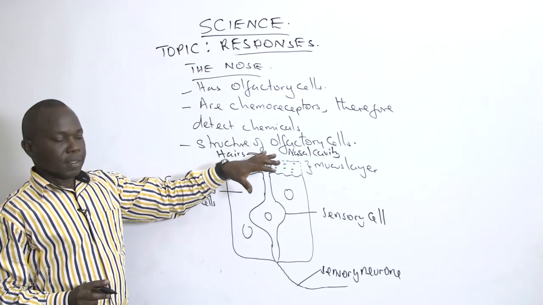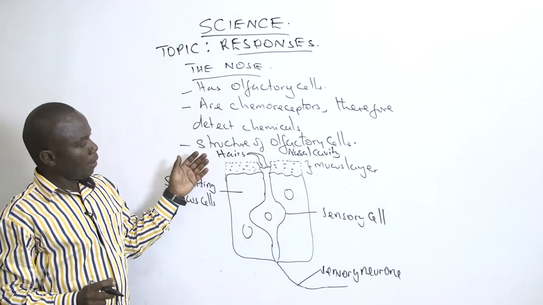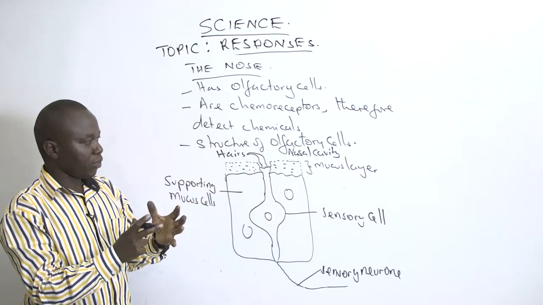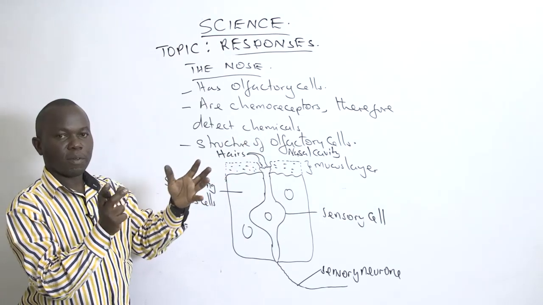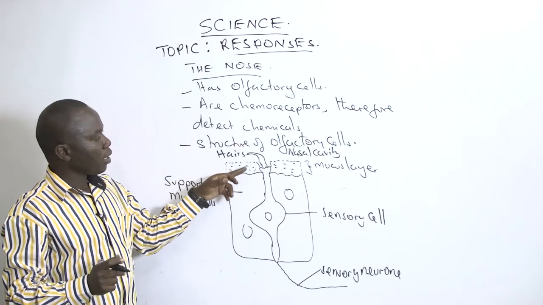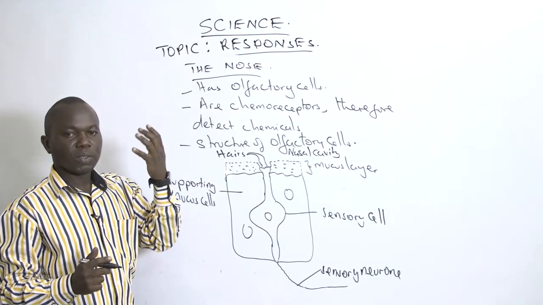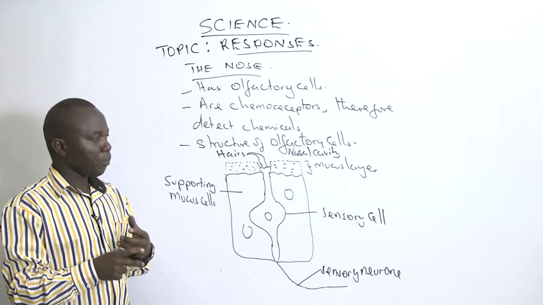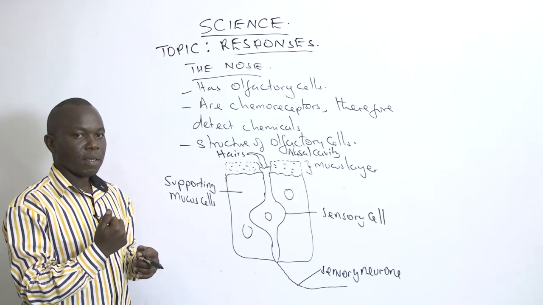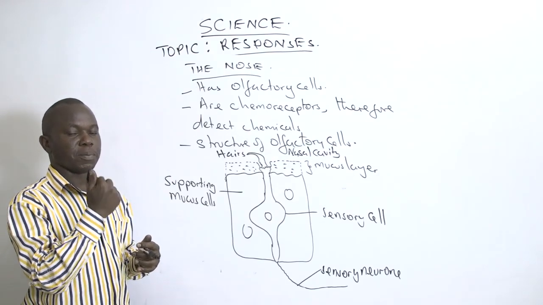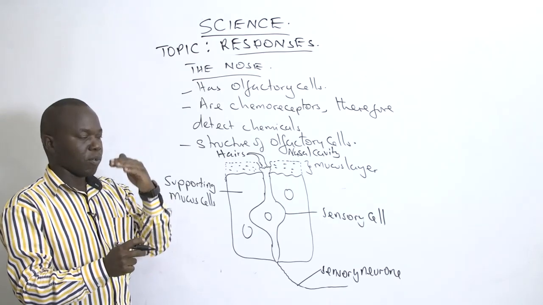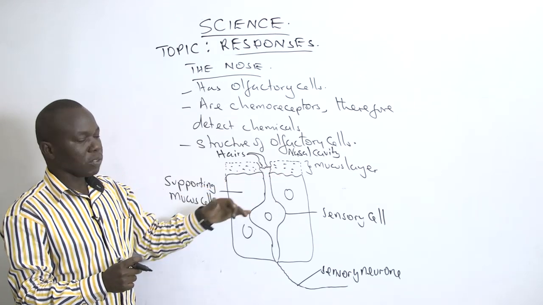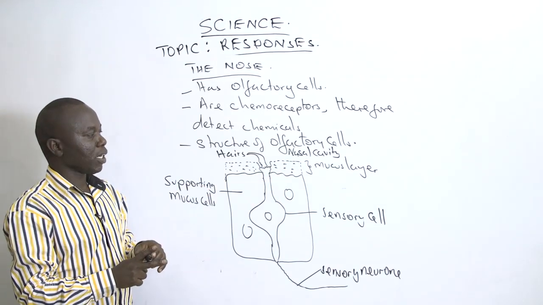So what will happen for detection to happen? Air is going to carry chemicals, maybe in form of air particles, molecules. They'll get into the nasal cavity during inhaling. There are two ways, either through inhaling or through the mouth. When the tongue is swallowing, it pushes up the roof of the pharynx, and some of those particles get into the nasal cavity.